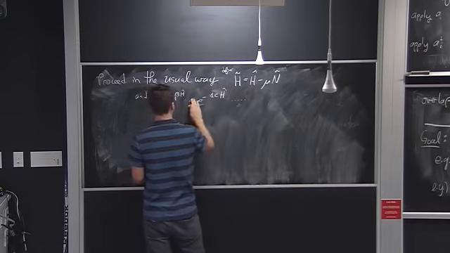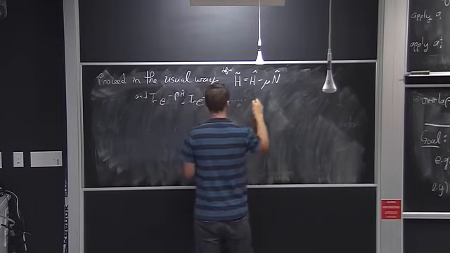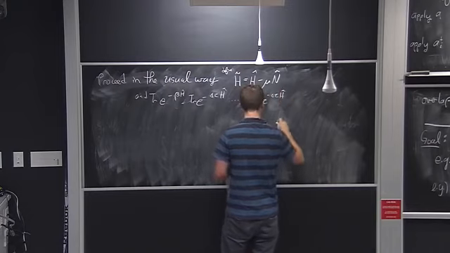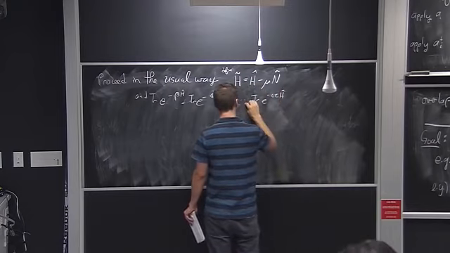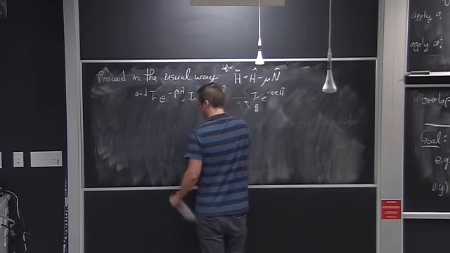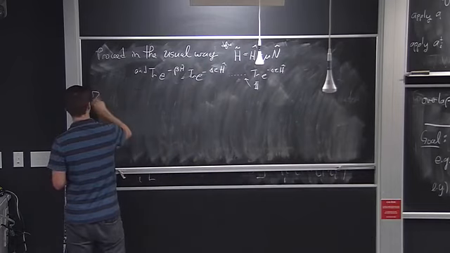So what you're doing is inserting resolutions of the identity. So inside here, you're inserting 1. I'm just going to write some next steps. So just remember what we're doing.